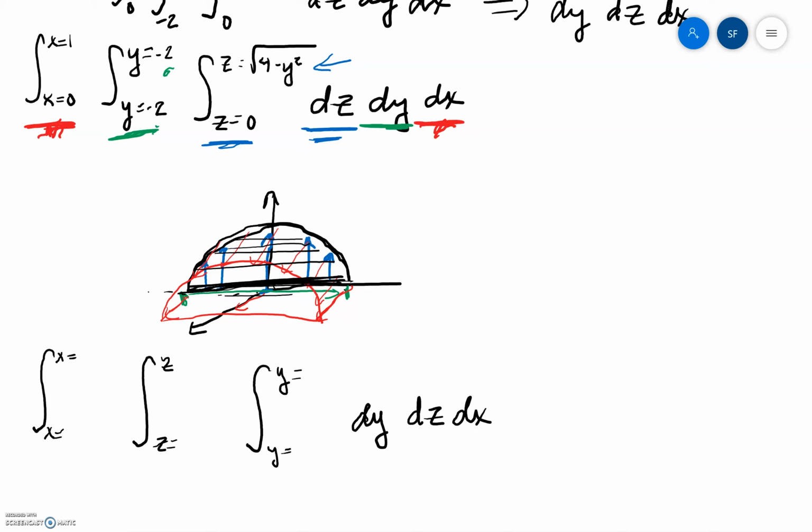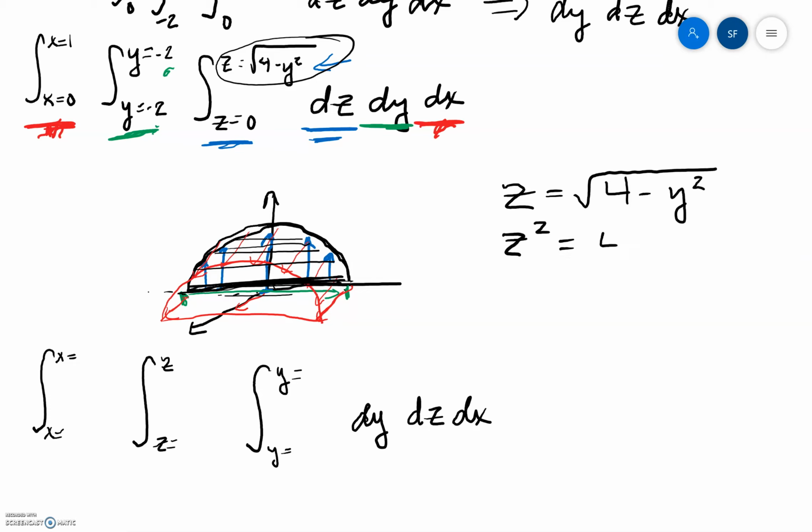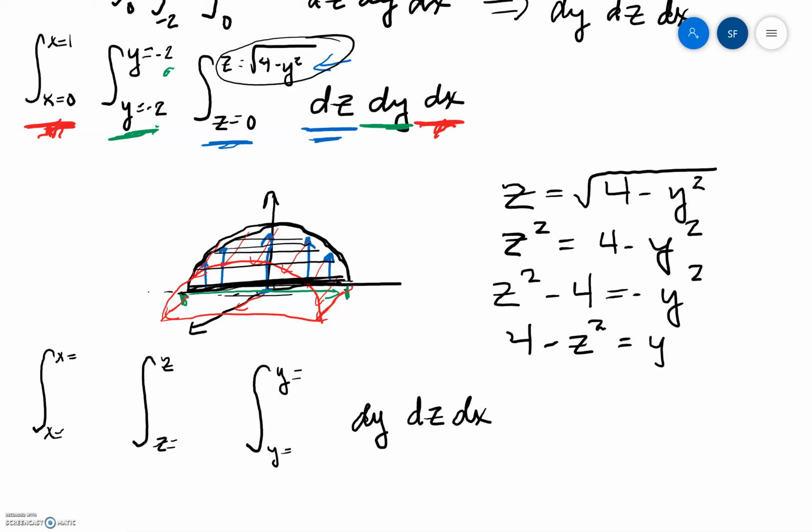Up here, we defined that curve as z equals the square root of 4 minus y squared. If I solve that for y, z squared equals 4 minus y squared, z squared minus 4 equals -y squared. Throw a negative through that to make it easier, and the last step is to take a square root.